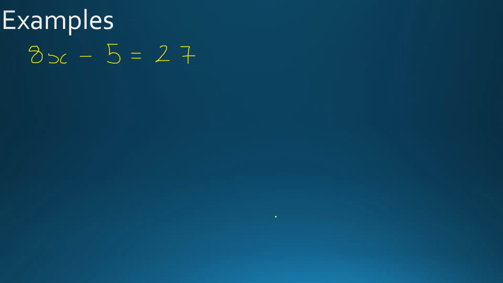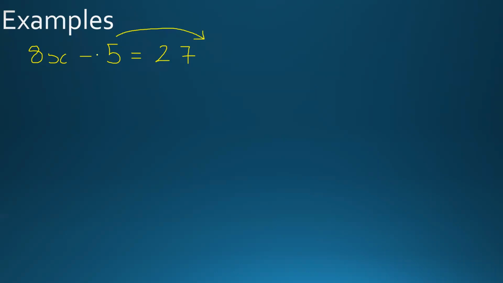Okay. So for this question, what's the first step? I don't know, 8 take away 5. 8 take away 5? No. No, you have to carry the -5 over the equal sign. Very good. So the first step is to send over the -5 across the equal sign. Now, when we send that -5 over the equal sign to the 27, what happens to it?